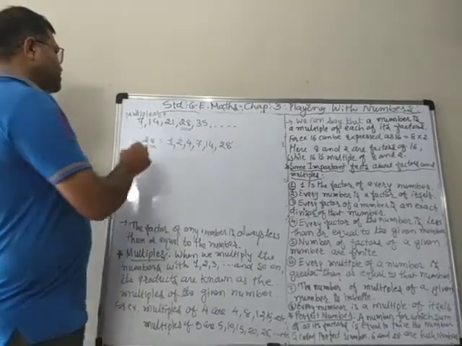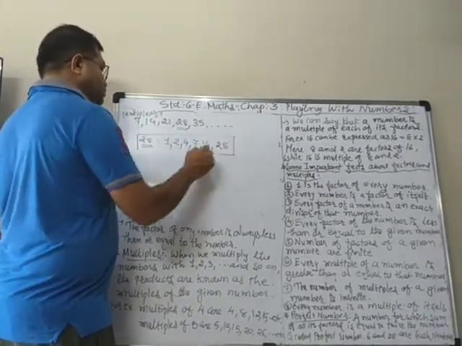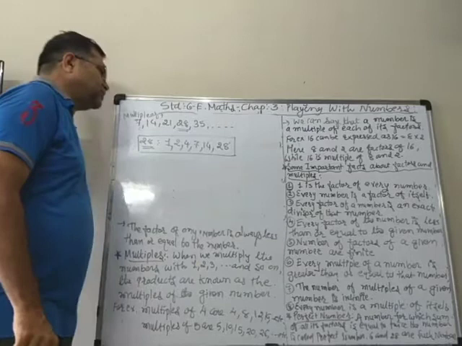So the factors of 28 are 1, 2, 4, 7, 14 and 28.